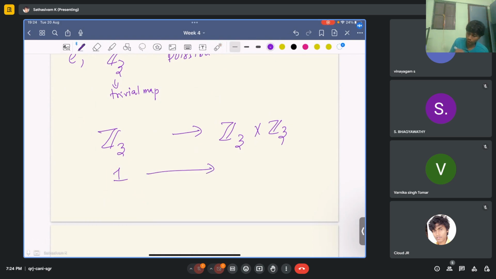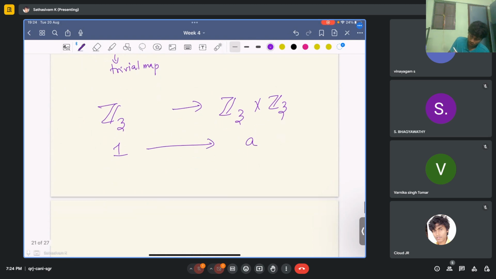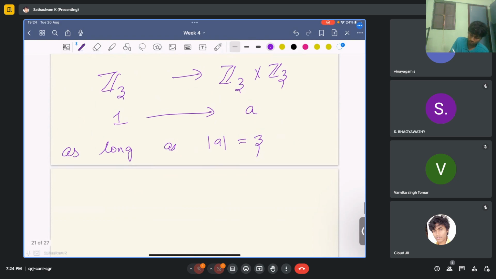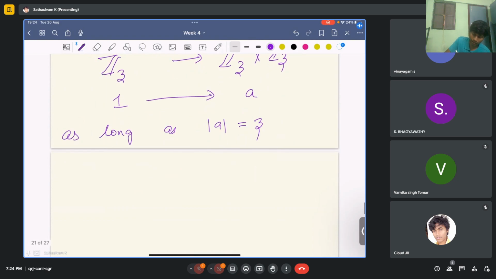So let's say where the 1 is mapped, that is the question. Now 1 can be mapped to any element A here, as long as the order of A is equal to 3, or the order of A divides 3. So maybe I'll do it as a general statement.